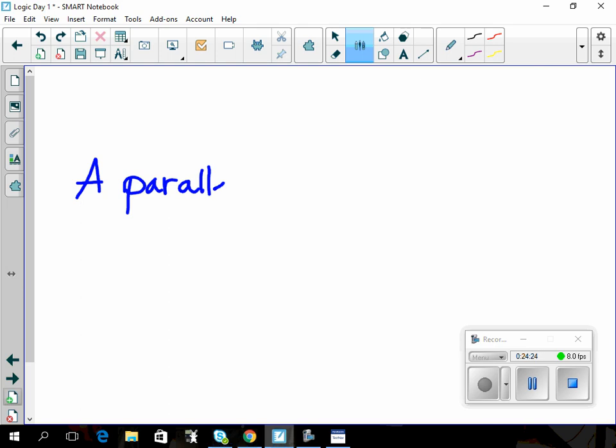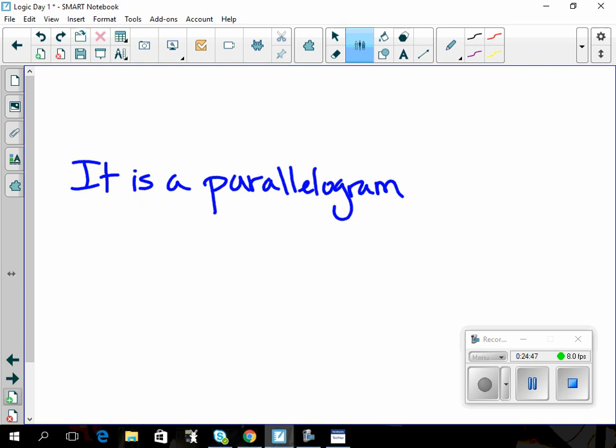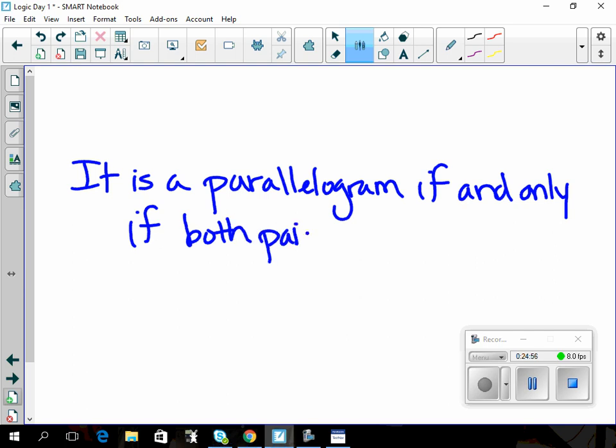A parallelogram: if it is a parallelogram, it is a parallelogram if and only if both pairs of opposite sides are parallel.